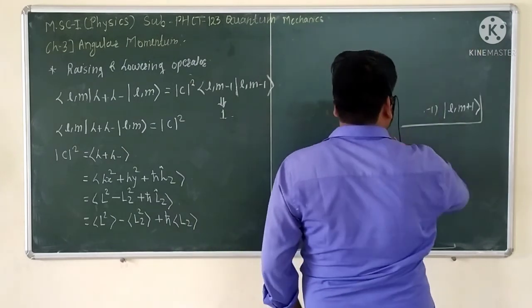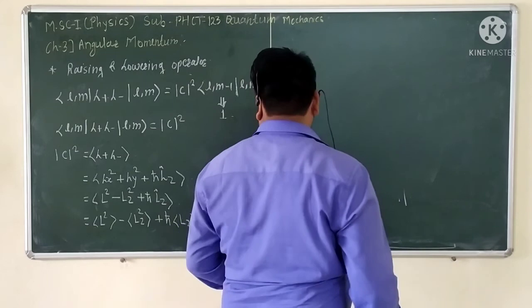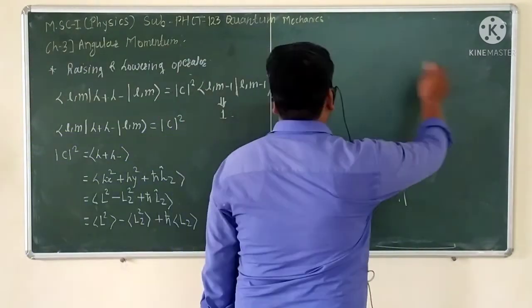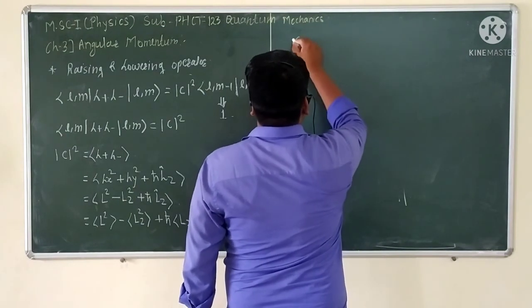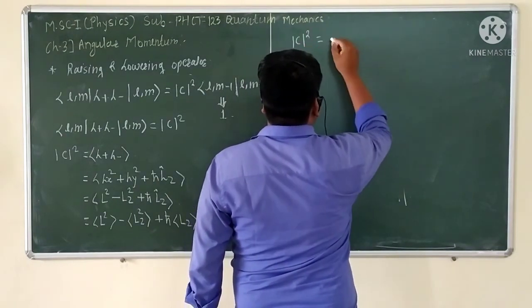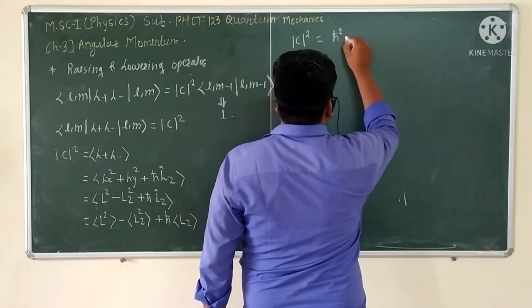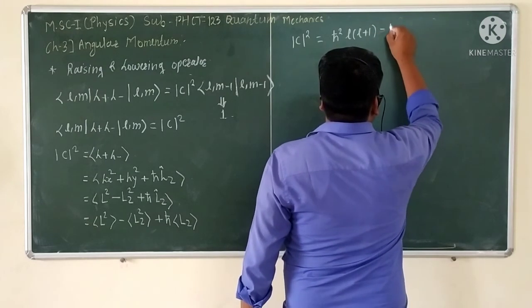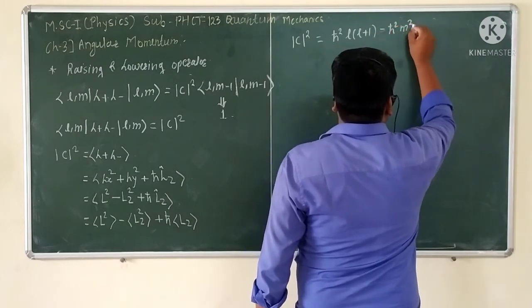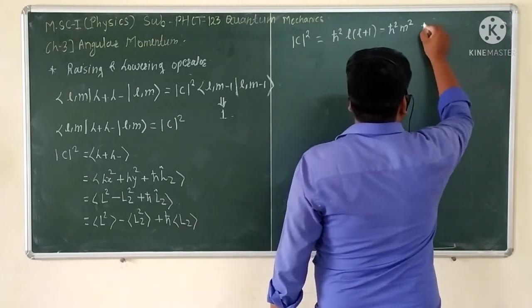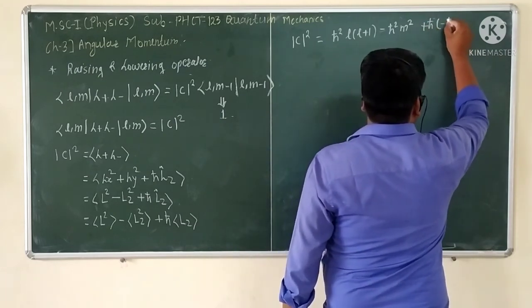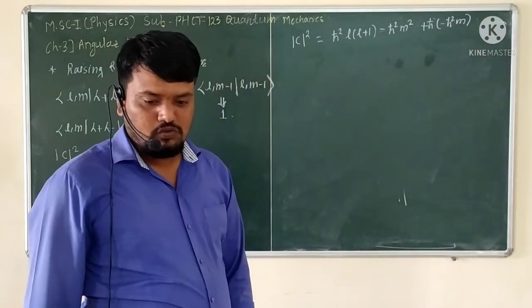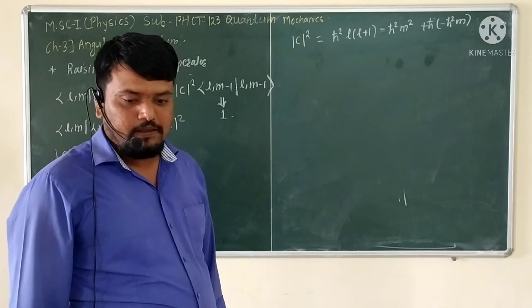If you solve this bracket, the expectation of L squared is nothing but h cross squared L into L plus 1. So this mod of C squared is nothing but h cross squared L into L plus 1 minus h cross squared m squared, minus h cross squared m minus h cross squared m.